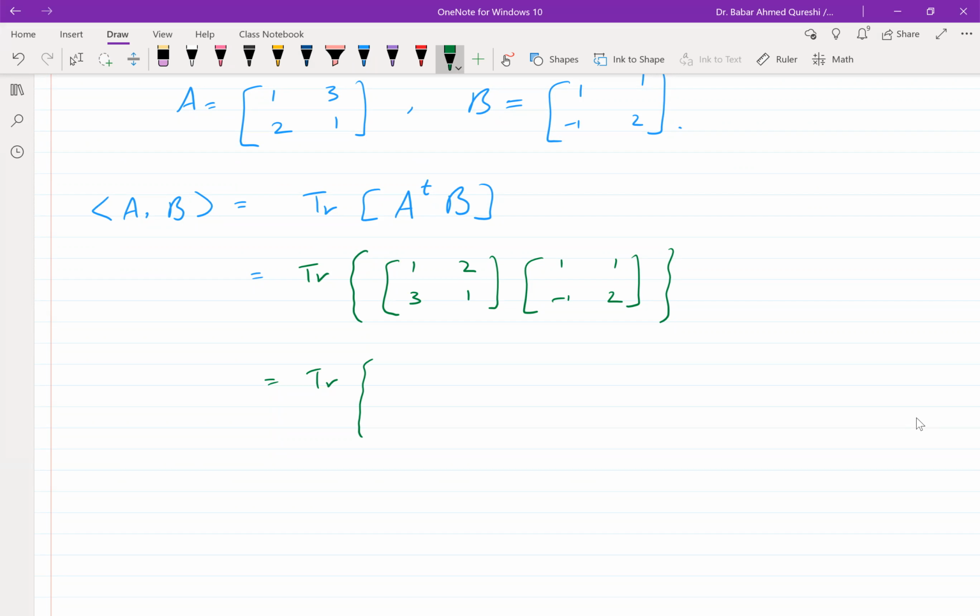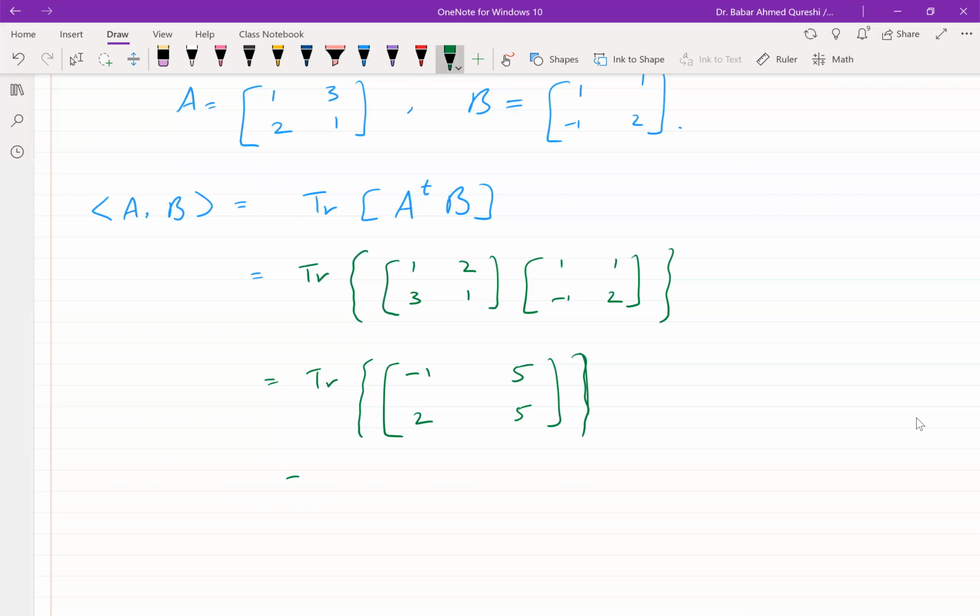That's why I had to find it this way, but you can consider many others. Anyway, so when I do this product, I get this matrix: 1 minus 2 minus 1, 1 plus 4, 5, 3 minus 1, 2, 3 plus 2, 5.